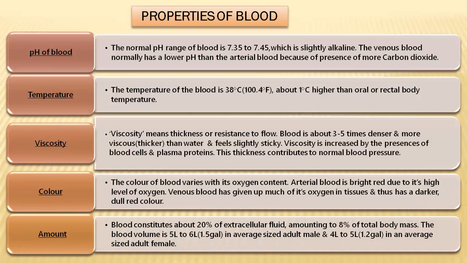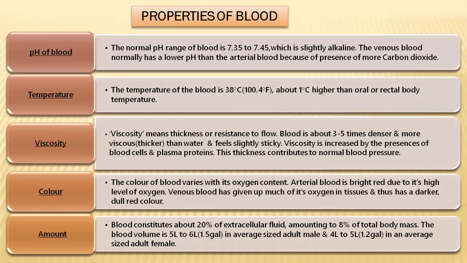The extracellular fluid is composed of interstitial fluid and plasma in general. When you're looking at the total extracellular fluid, which is about 14 liters, 20% of that is blood.